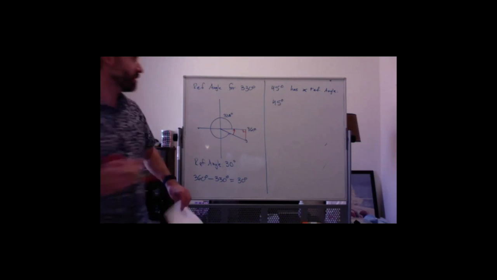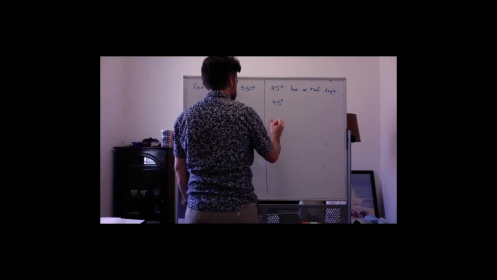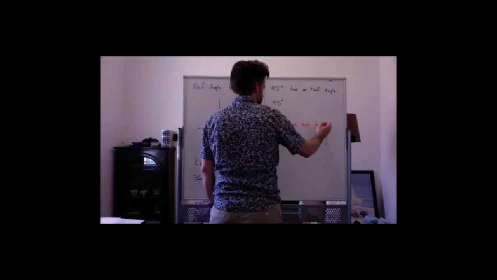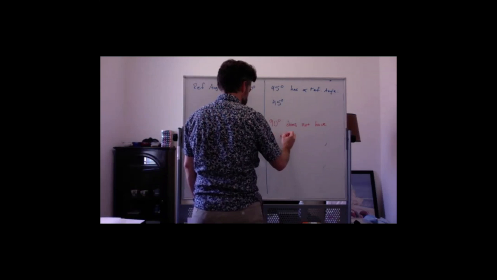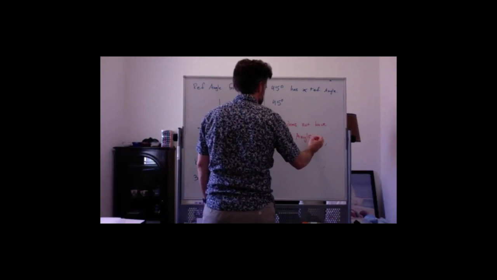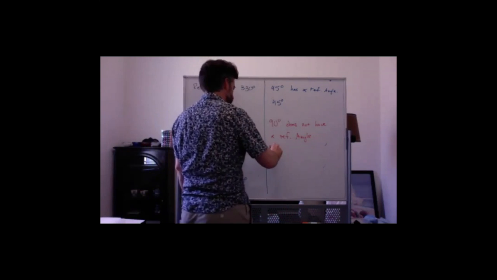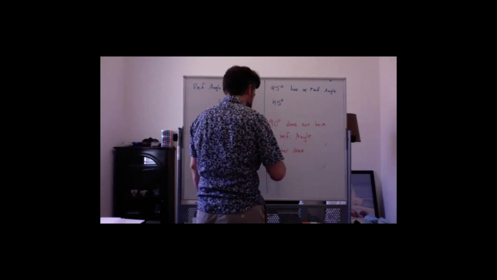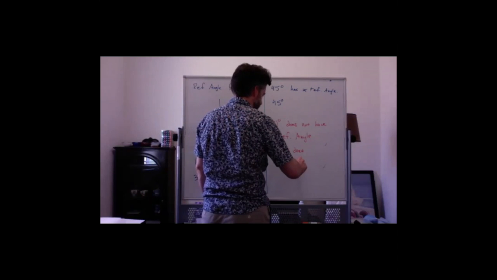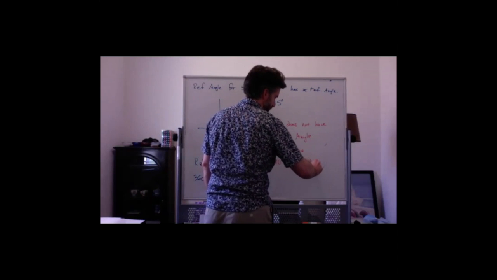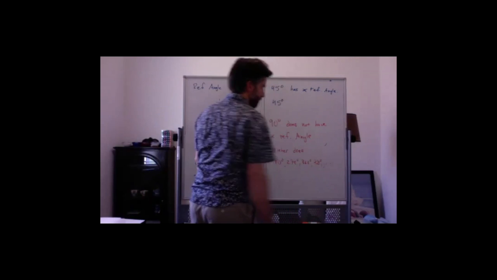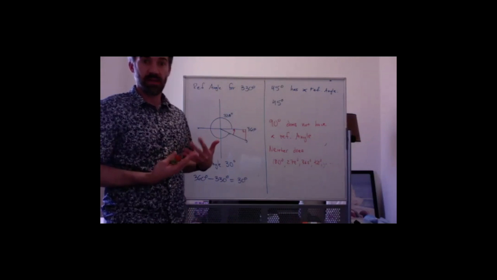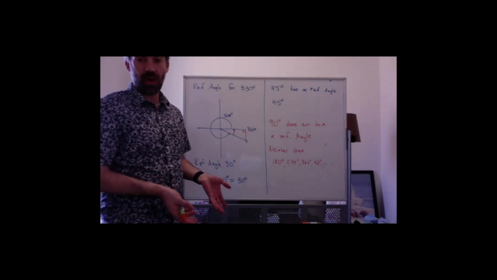We'll also point out that 90 degrees does not have a reference angle. Neither does 180 degrees, 270 degrees, etc. Any of the angles that terminate on one of the axes doesn't have a reference angle.